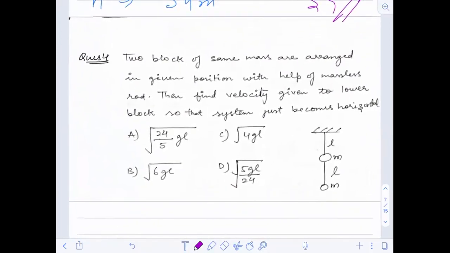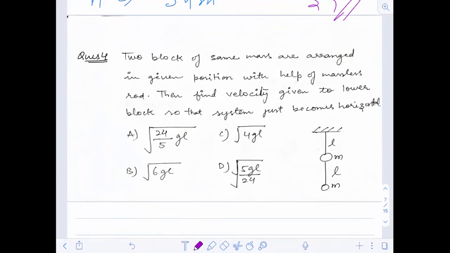Try to solve this question. Two blocks are there.